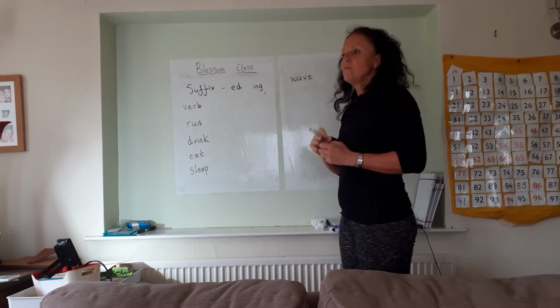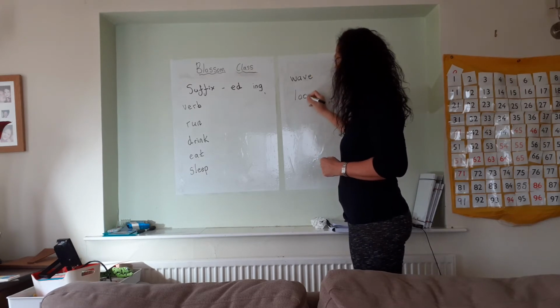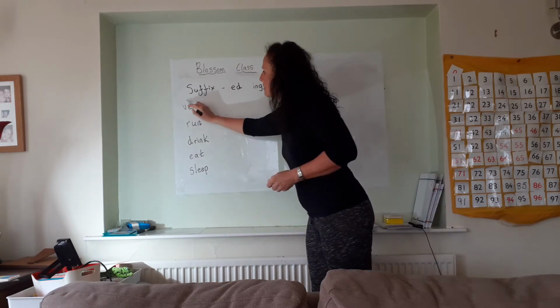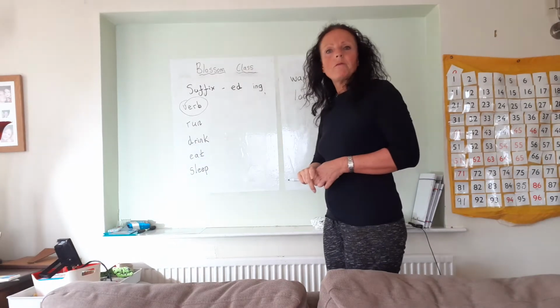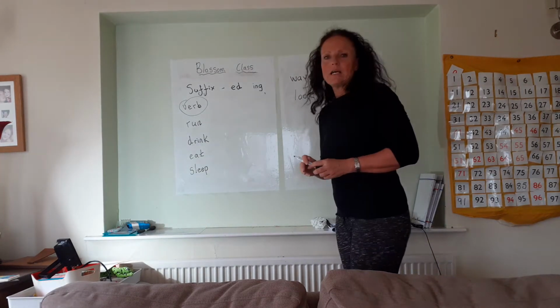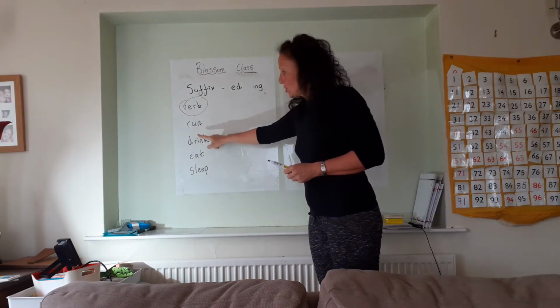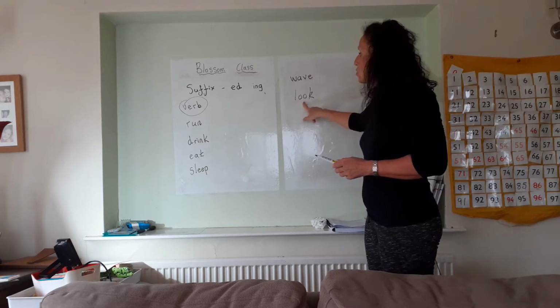You can wave at somebody. You can look at somebody. So these are what we call verbs. These are called the root word. Can you repeat that for me? Root word. Well done, you're repeating that for me. The root word. So it's to run. So that's an action. To drink, to eat, to sleep, to wave, to look.